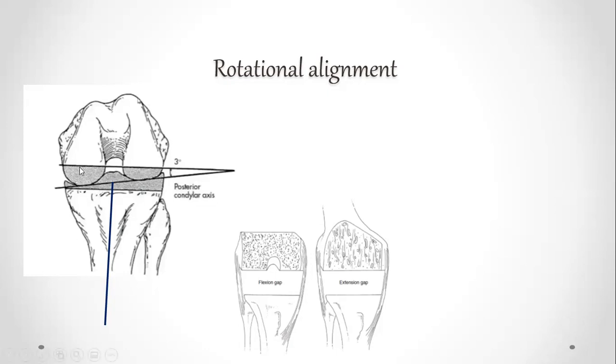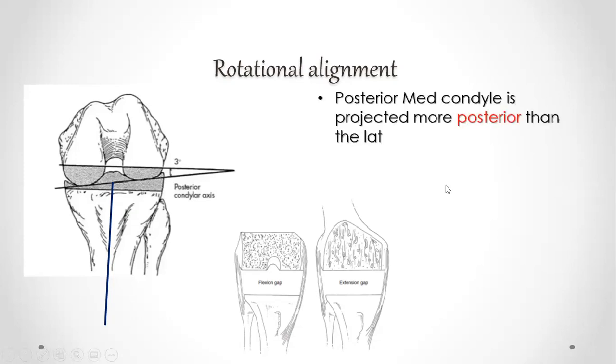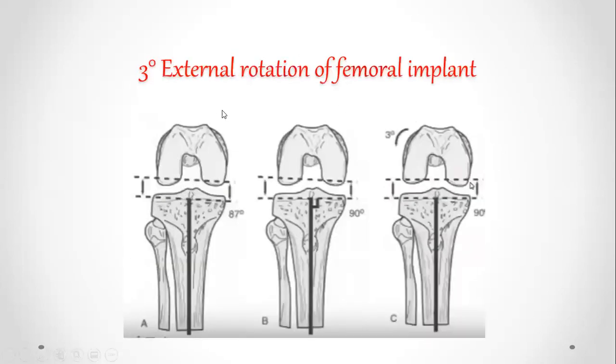So in order to make the condylar cut, you will see how we can do it in order to get a flexion and extension gap together. The posterior medial condyle is projected, as we see, more posterior than the lateral, and the tibial surface is 3 degrees on its mechanical axis. So you have to put, this is the second code, number 3, 3 degrees of external rotation in the femoral implant. Why is that?